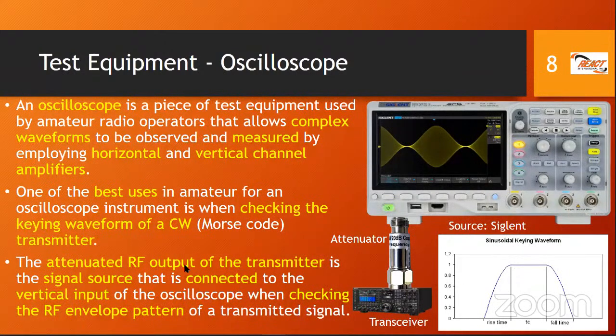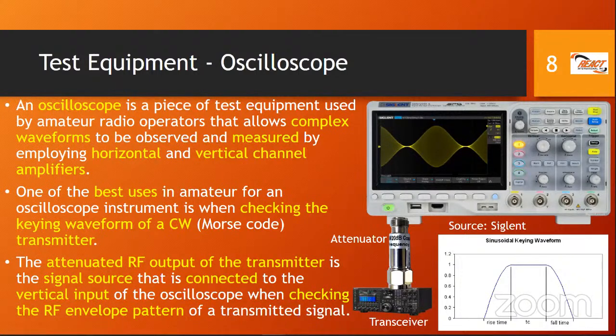Now, the other point here at the bottom is a bit of safety. Given that the price of an oscilloscope is usually very high, you don't want to blow your oscilloscope by connecting your transceiver straight into it and then ping, that's it for the amplifier section, it's gone.